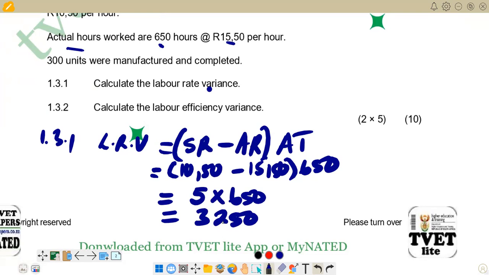Right. Having got this answer, you are supposed to indicate whether it's favorable or unfavorable. In the brackets, if standard is less than actual, it represents an unfavorable position.